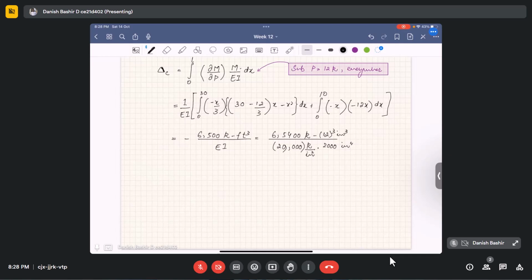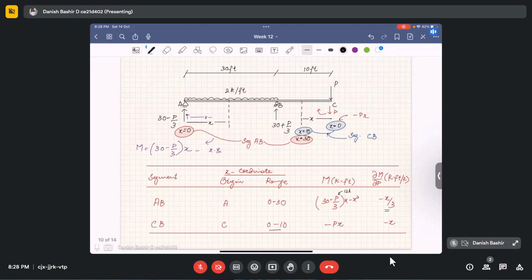So our deflection will come out to be equal to minus 0.194 inch. So actually we are getting a negative deflection, which means that the point C deflects upwards, in the direction opposite that of P. P was assumed to be applying downwards, but the deflection will be upwards.